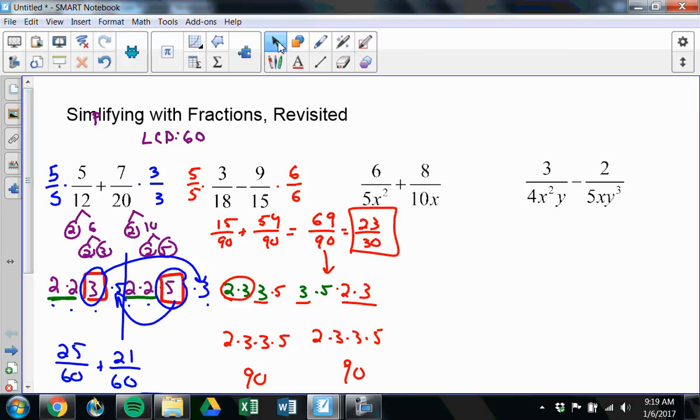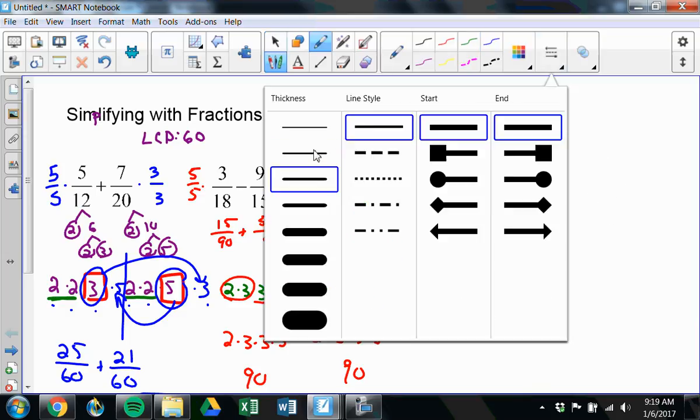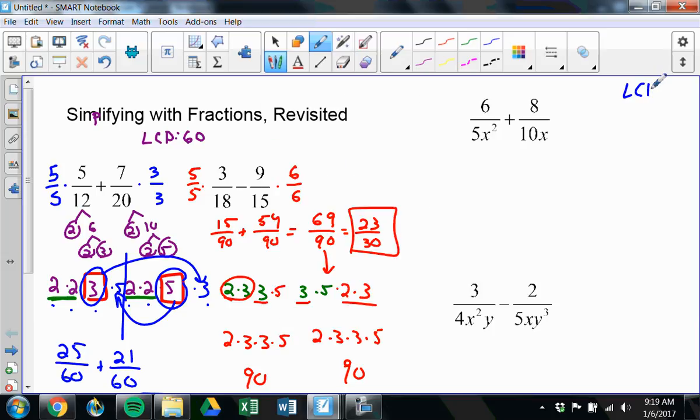This game of common denominators we can play even once we start having variables and powers. I want to find the lowest common denominator of these two fractions. Well, I can just see that it's 10x squared, but let me show you how I got that. This is 5x squared. This is 2 times 5 times x. 10 is just 2 times 5. 5 is already prime.